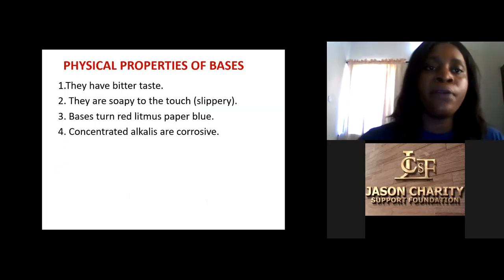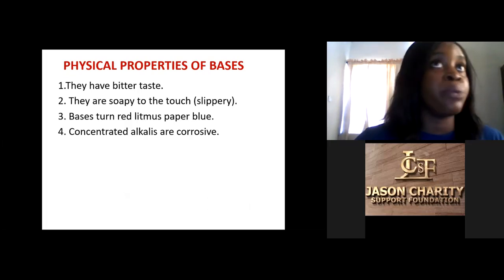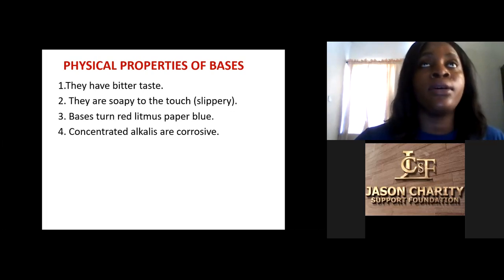So here we have the physical properties of bases. Now, bases have a bitter taste. Examples of basic substances you can try at home are your detergent, and also soap, bathing soap or your laundry soap.